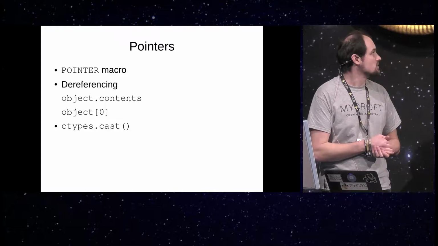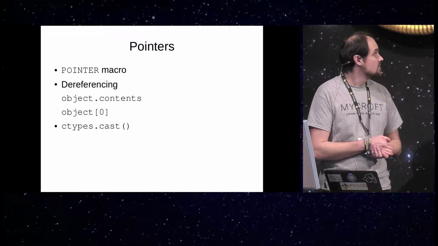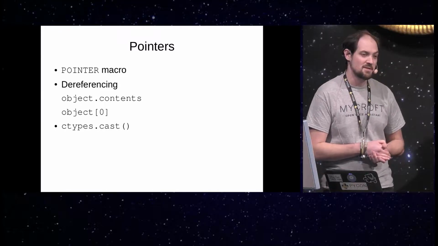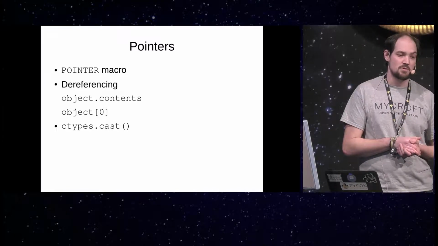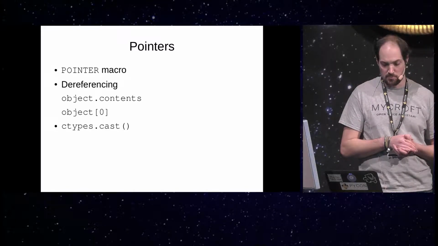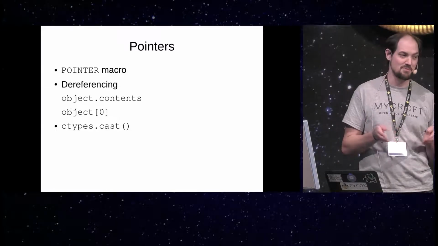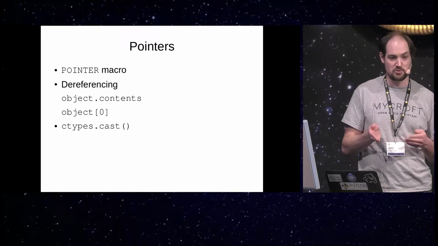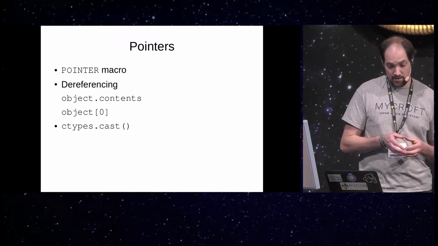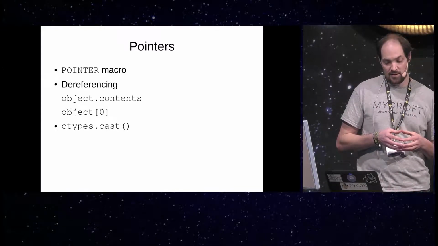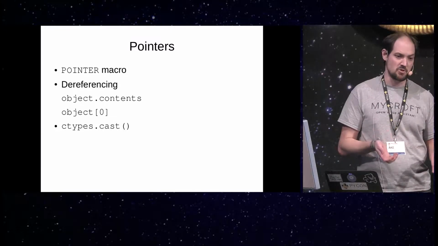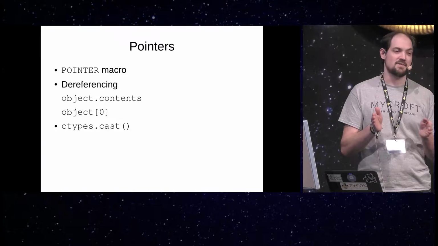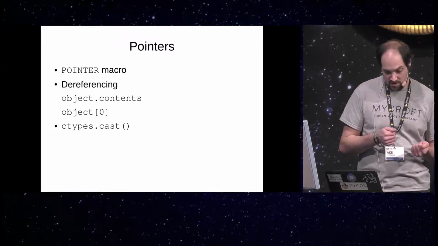Let's talk a bit about pointers. ctypes provides a pointer macro which takes a normal ctypes representation and makes a pointer to it. And when working with pointers in C, you often want to dereference them to get the value that the pointer is actually pointing to.